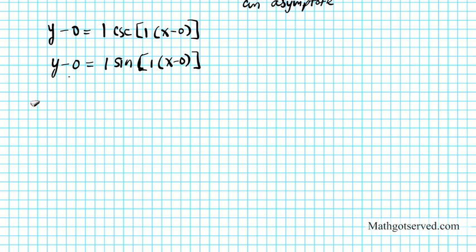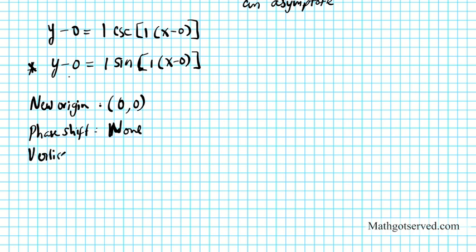So first thing we're going to look at is the new origin. Notice we're graphing the sine function, okay? The new origin is 0, 0. Phase shift, there is none. Vertical shift, there is none. The amplitude.